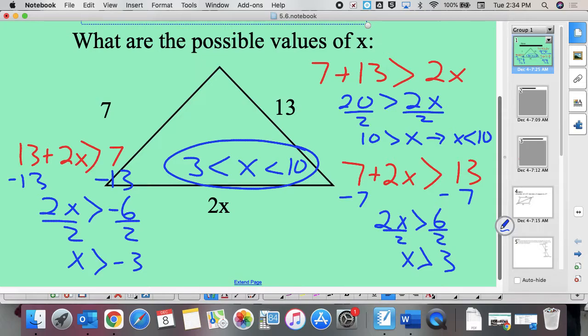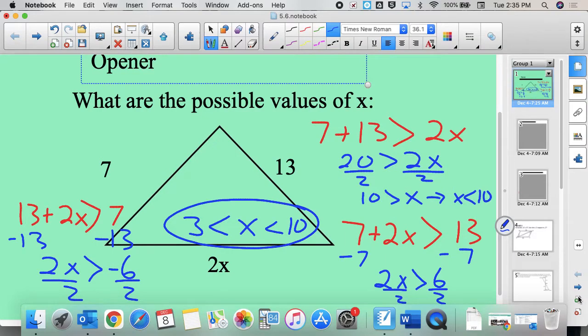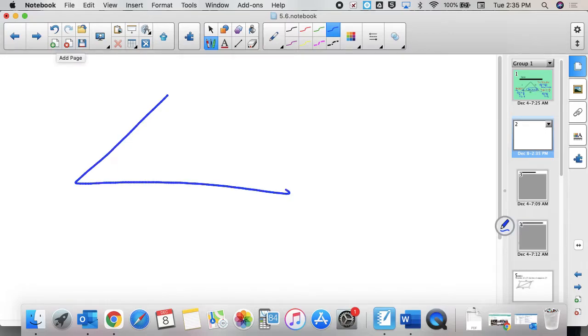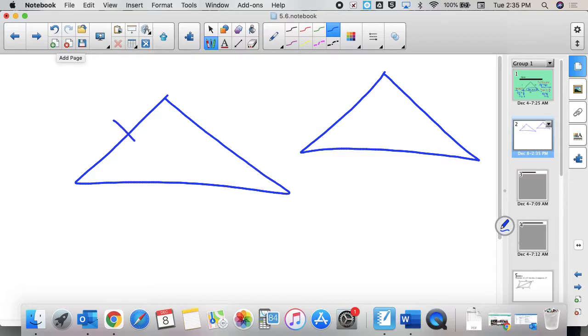Getting into 5.6 then. 5.6 really has two ideas to it. The first one is known as the hinge theorem. Essentially, all your hinge theorem says is that when I look at a triangle compared to a second one, if I have two sets of equal sides, I can make a comparison between the included angle and how they relate to their third side.